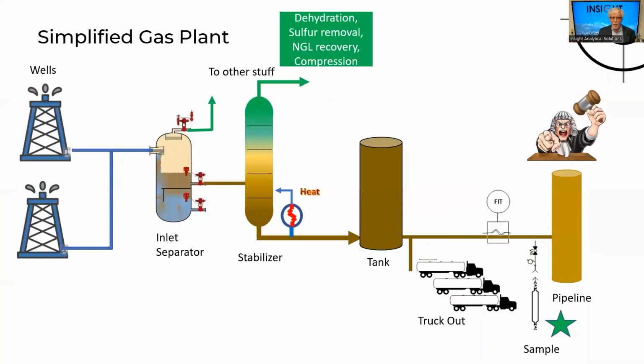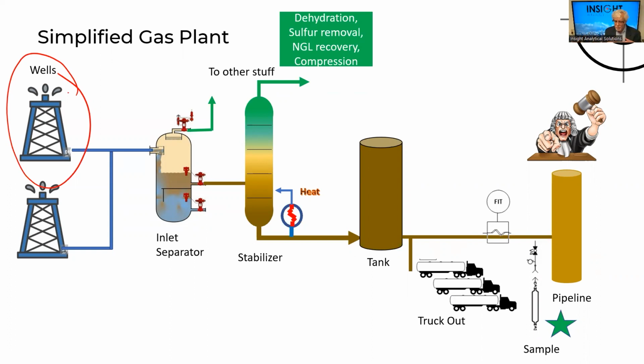All right, we're going to talk a little bit about a gas plant. A really simplified overview of what happens when we're talking about natural gas production. We can start out with this idea that there are some wells out there, perhaps a bunch of wells from different producers, and there'll be some sort of gathering system that brings all the fluid that's coming from those wells.